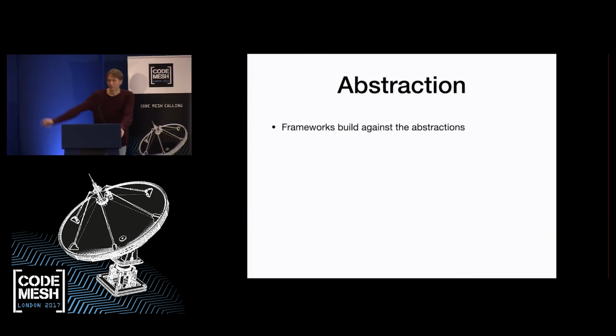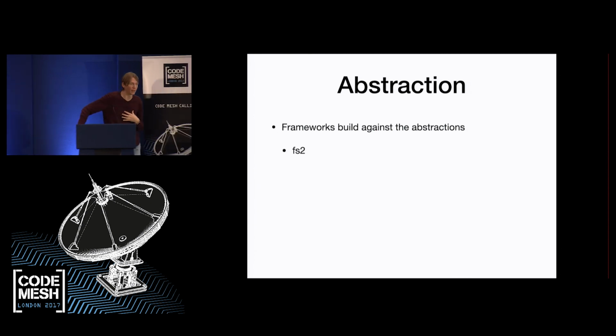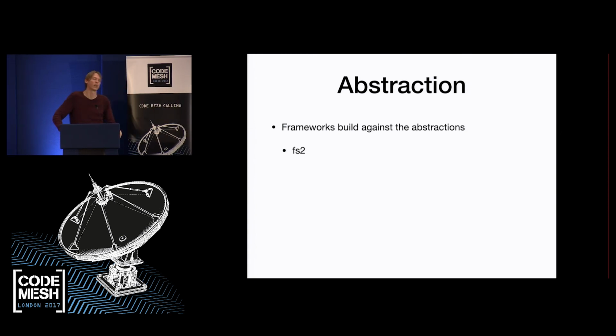So anyway, several frameworks already are using these abstractions and getting really good value out of them. So FS2, for example, we already talked about. Basically, if you use FS2, you don't have to use my IO type with it. You don't have to use Scalaz's IO type. You can use any IO type that you want, Monix's Task, for example. Anything that satisfies the laws.